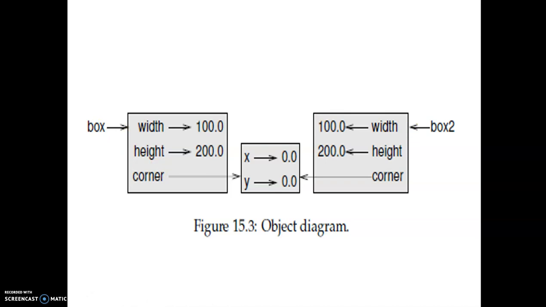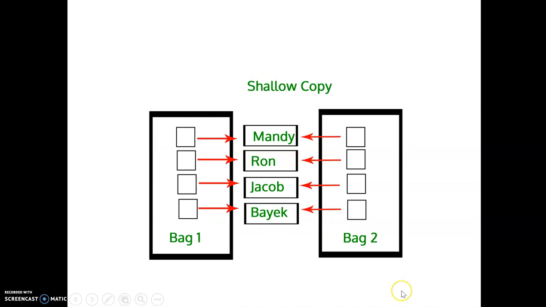That's the reason why box and box2 are never the same objects if you use the copy module here. This is another, simpler example that tells you what is meant by a shallow copy. For bag1, it is an object of one class which has 4 attributes, set to 4 different values here. Don't worry about what the values are, it is just an example. Similarly, bag2 is a new object that has been copied from bag1.